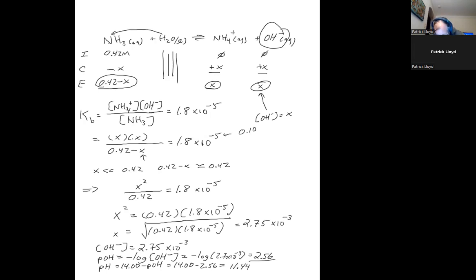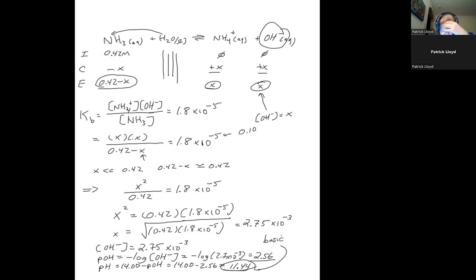And there you go. That's pretty basic, right? Ammonia is a base. So if you're calculating the pH of a basic solution, it should be basic, right? Or the pH of the base in water. That solution should be basic, and in fact it is. So for this section, it's not too complicated a problem.